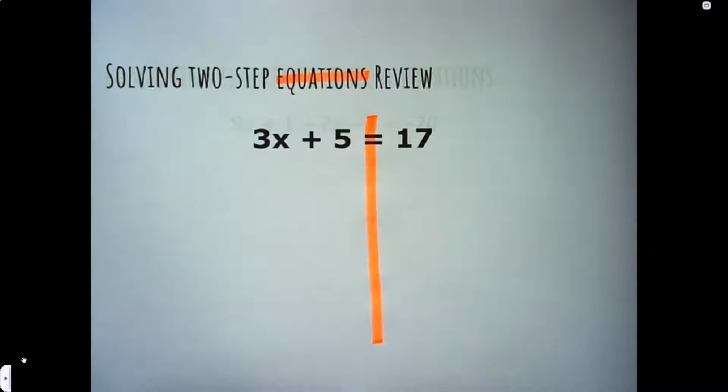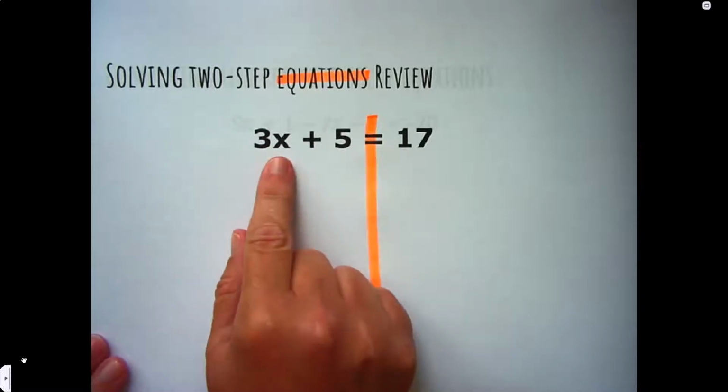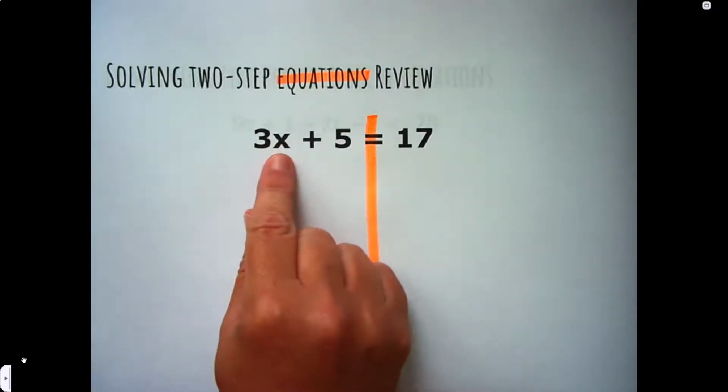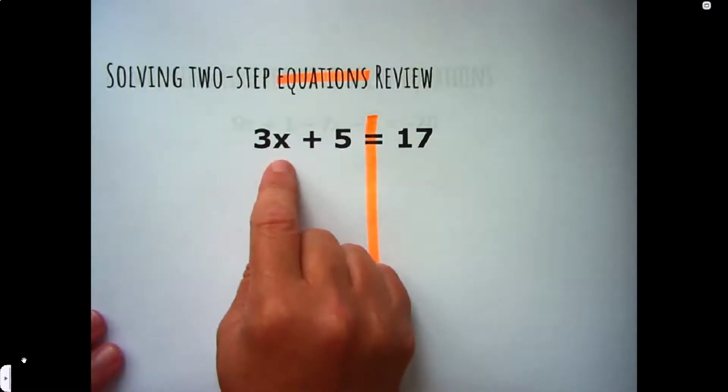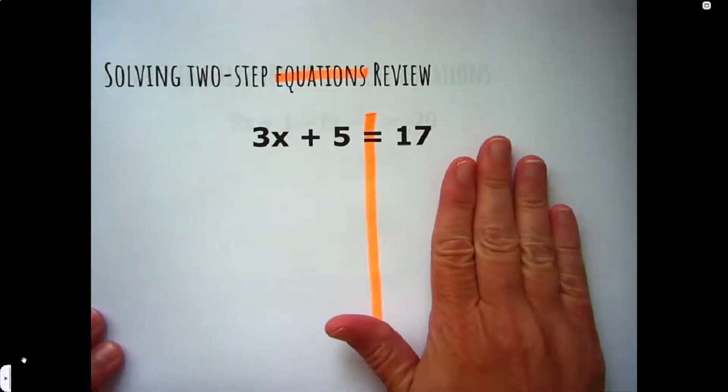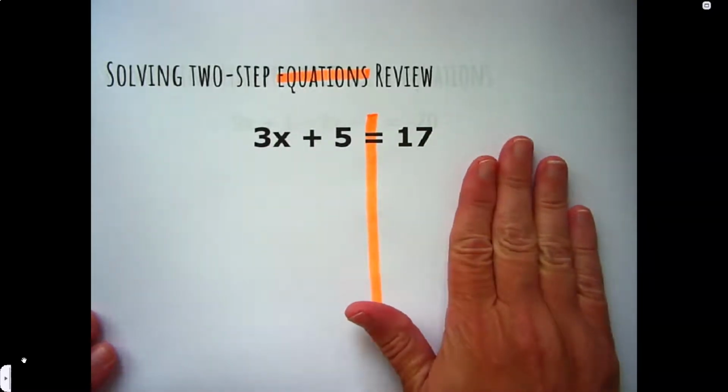They are the same. Now, when you solve an equation, your goal is to figure out what that x is. So when we solve, we're solving for x. To do that, our goal is to get x by itself. So we want this x to be by itself on this side of the problem, and then we want the answer to be over here on this other side.